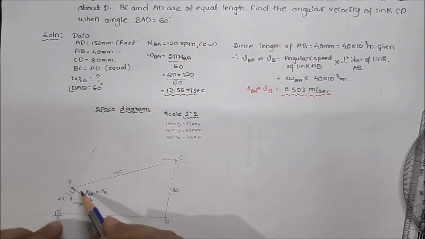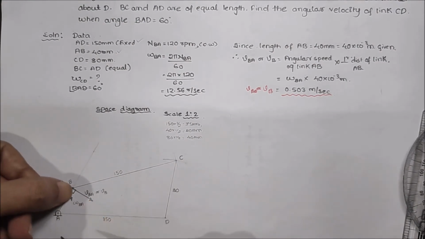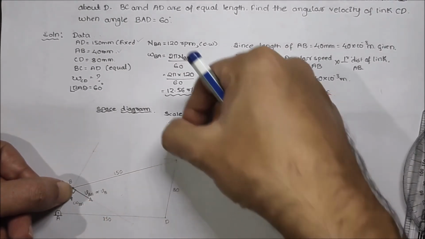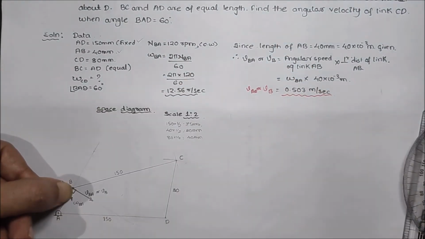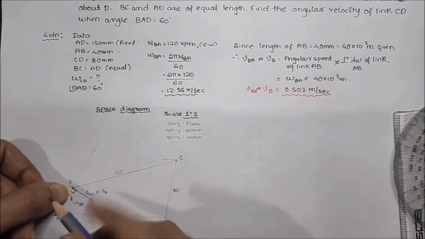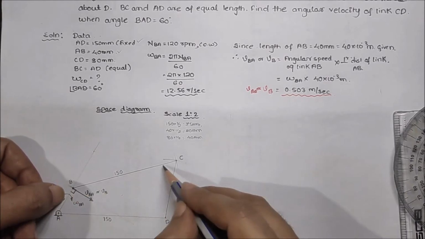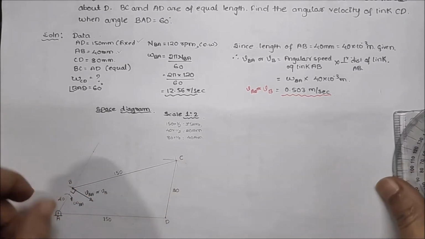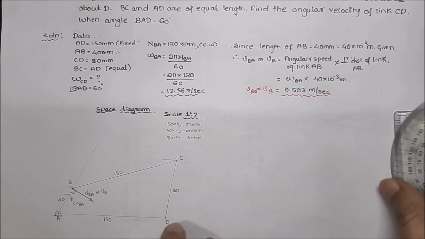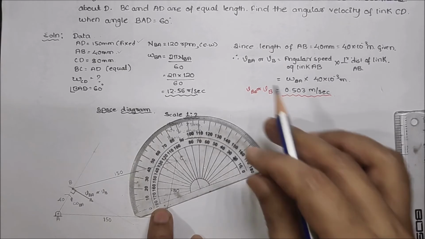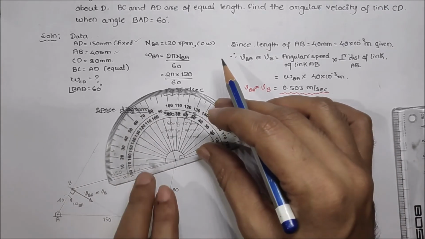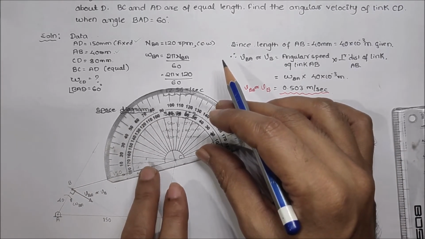Next we are going to fix this point, holding at this point, and we are going to find out velocity of C with respect to B. How we have drawn perpendicular to this one, we have to draw perpendicular for this particular point. So we'll take this as a base, and we'll keep it on the line BC.